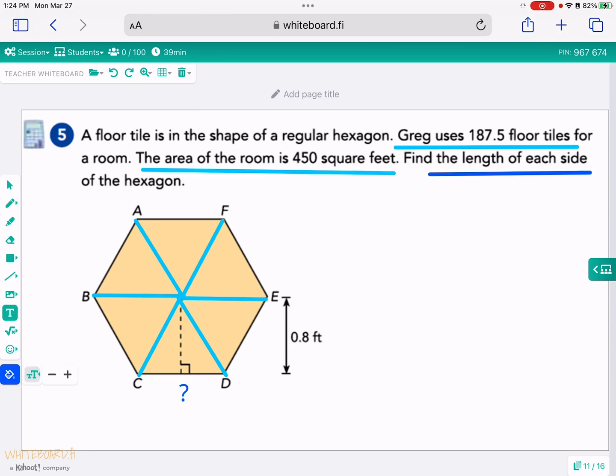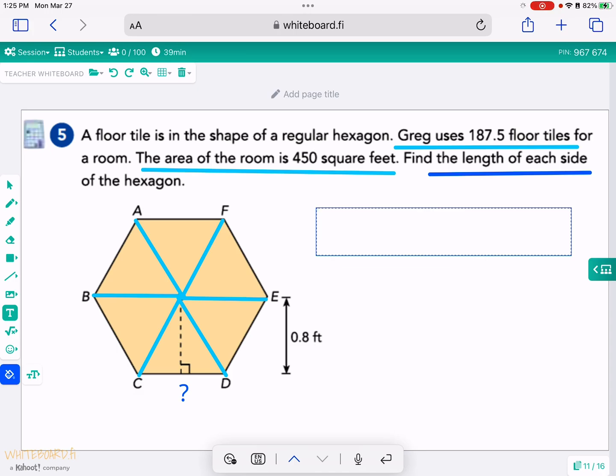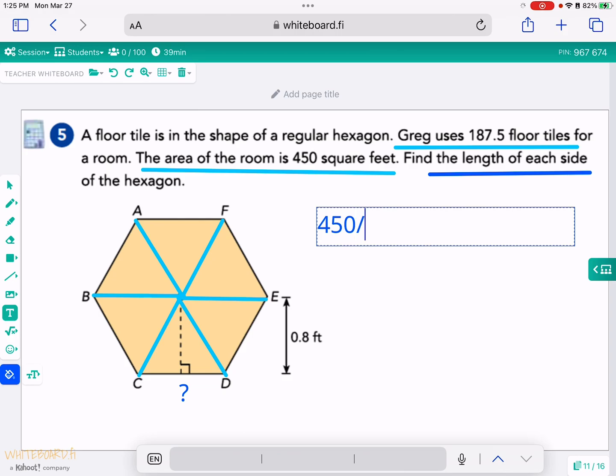And that would be that the room is 450 square feet, and Greg used 187 and a half tiles. Okay, so if I divide the square footage of the room by the number of tiles he used, then I wind up with the square footage per tile, all right?